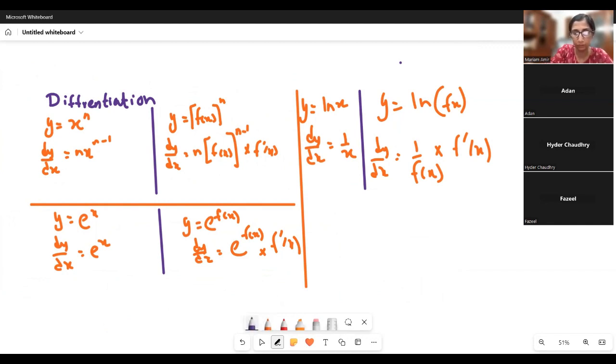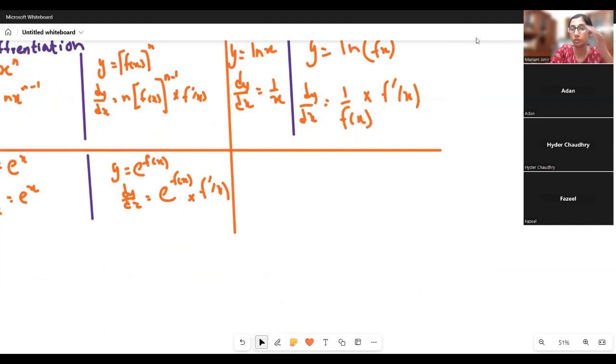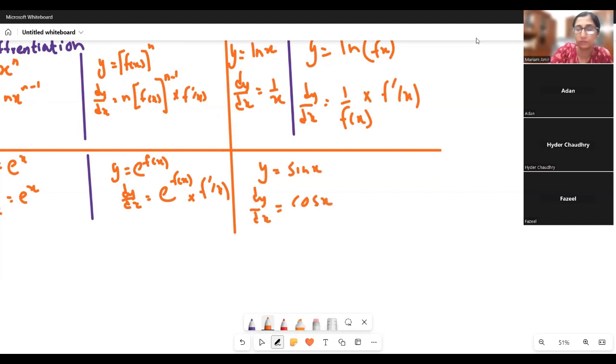Okay. Today we're going to discuss the third case, which is differentiation of trigonometric functions. So if y equals sine x, then the derivative of this is cos x. When y equals cos x, then the derivative of this is minus sine x.